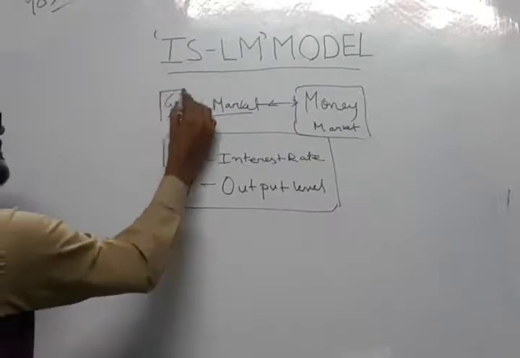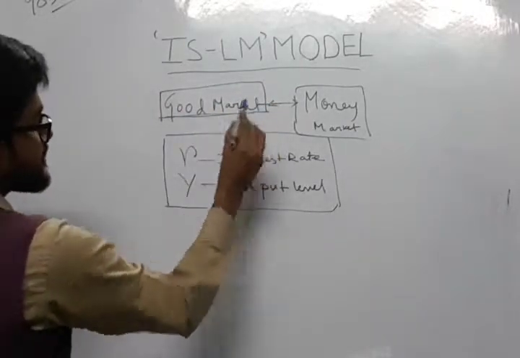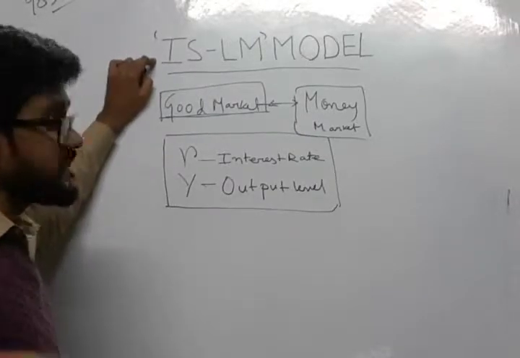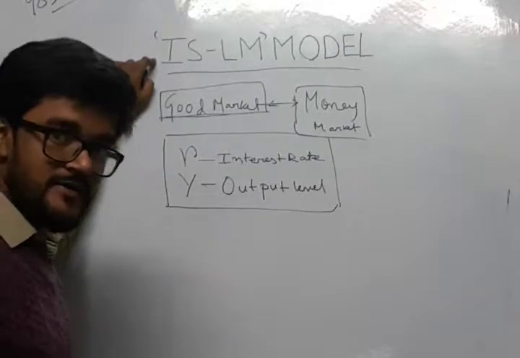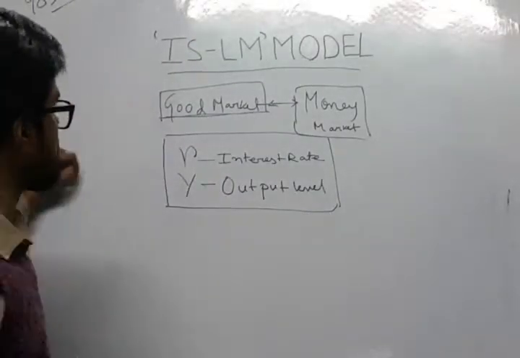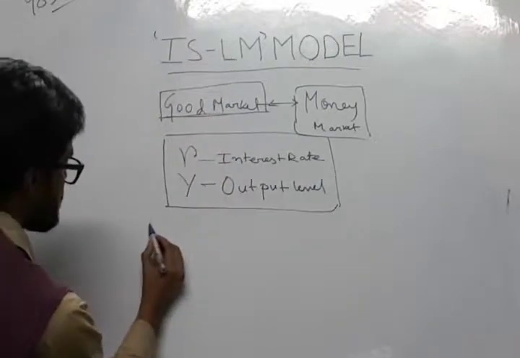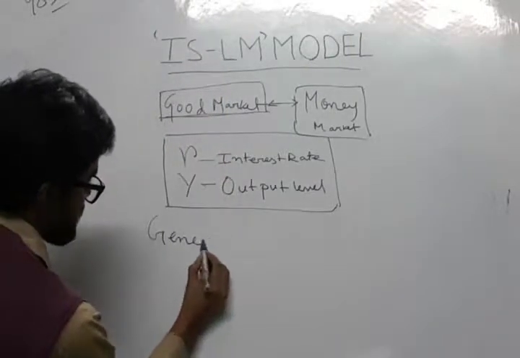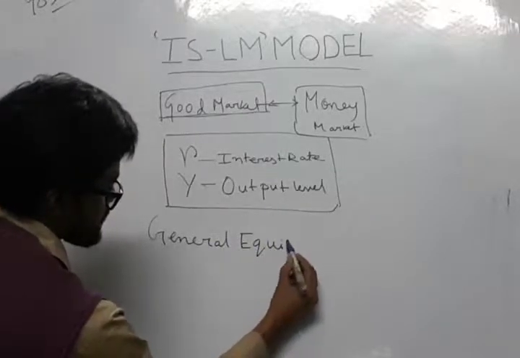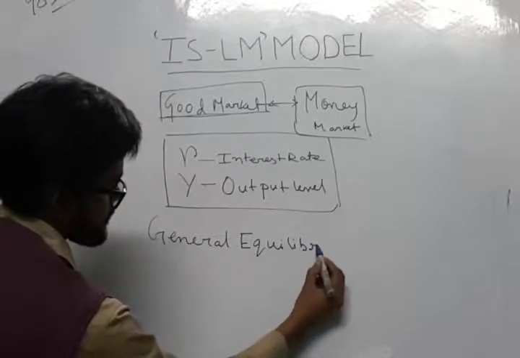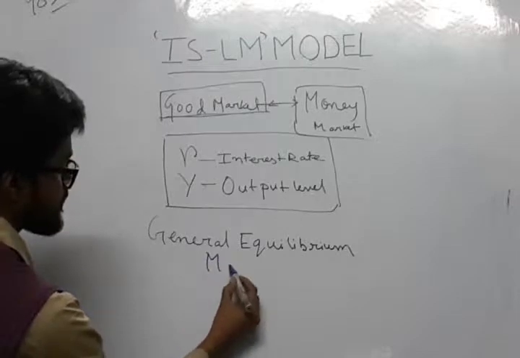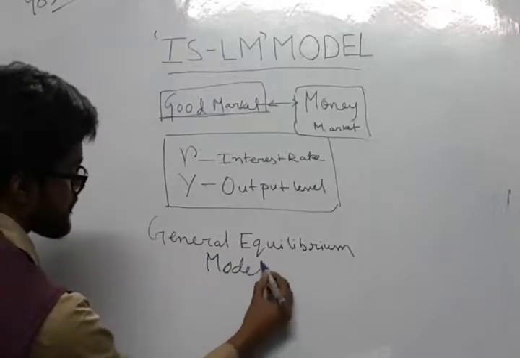Now why are we calling it the general equilibrium level? Because in the case of the ISLM model we are not considering any individual price level, rather we are considering the price level of the entire economy. This is why we call ISLM a general equilibrium model.